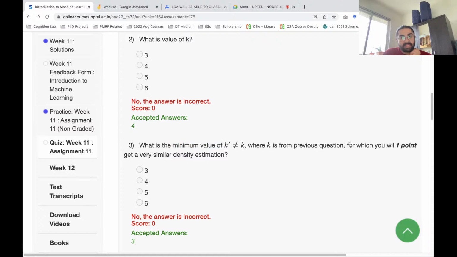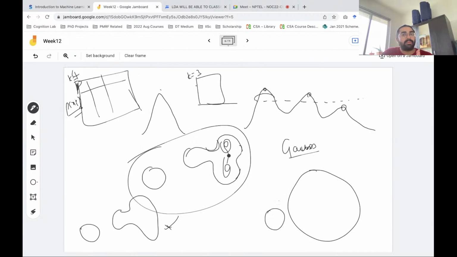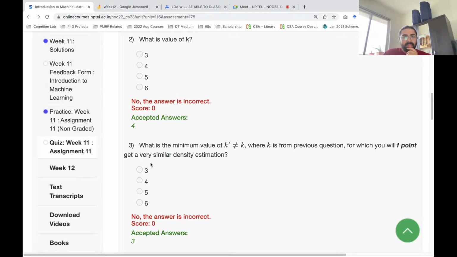It means under the constraint that you get a very similar density estimation. Because when I use k equal to 2, I'll have a shape like this, which is very different from what I have here. Yes, so we have to adjust within a certain limit. Correct, and that limit is that you should have a very similar density estimation.